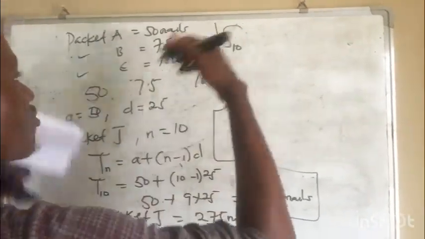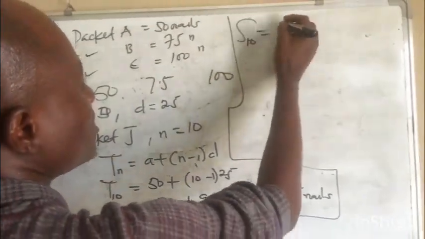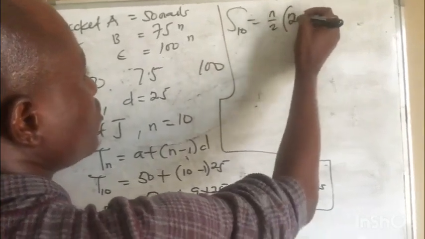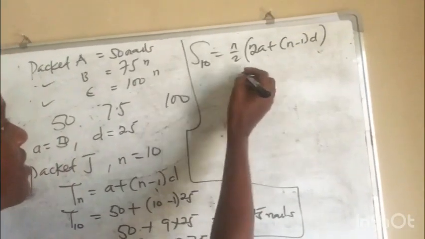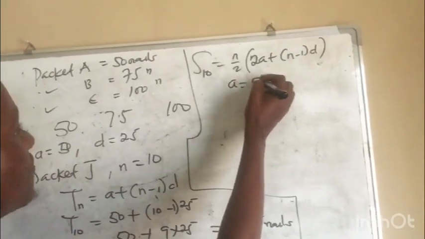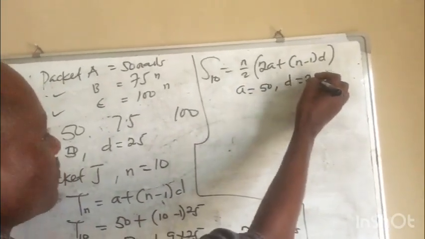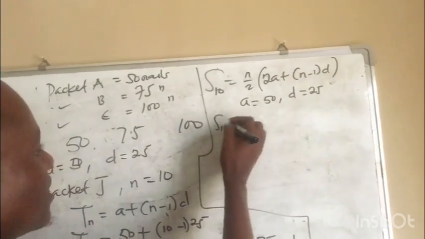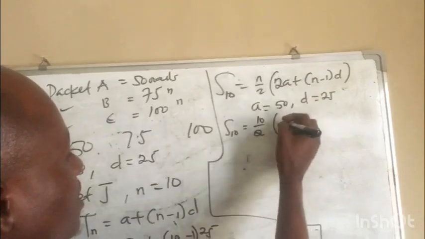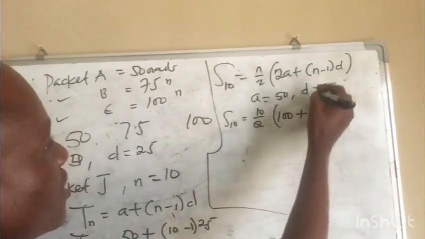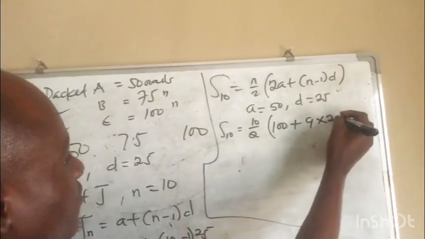They are telling us to find the sum, which is n over 2 into bracket 2a plus bracket n minus 1 d. Don't forget, our a is still 50 and our d is still 25. So S10 equals 10 over 2 into bracket 2 times a, that will be 100, plus 9 times 25.